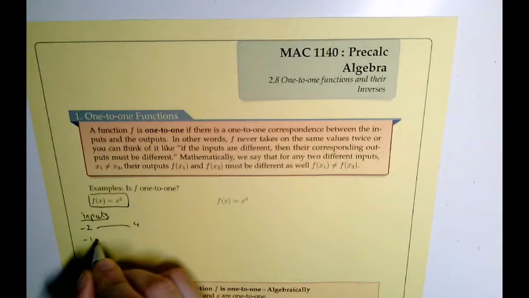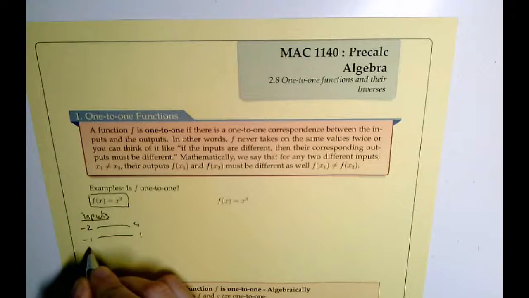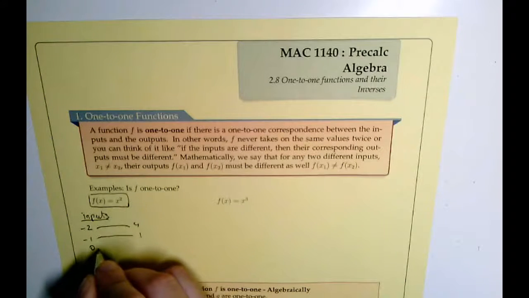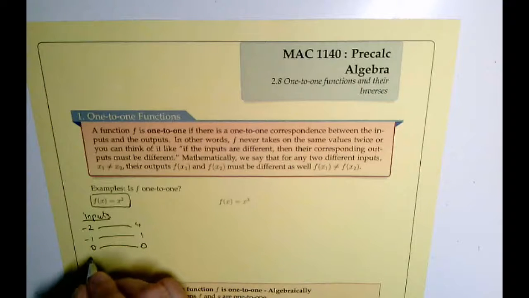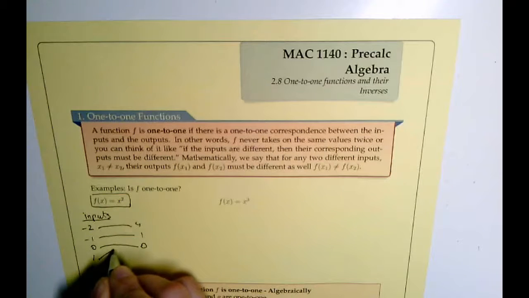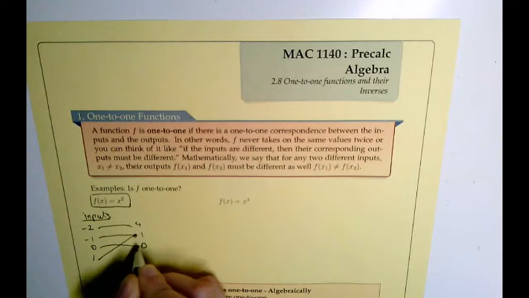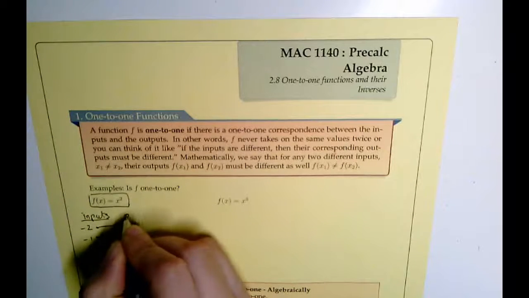If x is -1, the output will be 1. If x is 0, the output will be 0. If x is 1, the output will be 1 as well, 1 squared, so the output is going to go to this one, and so on. So these are the outputs.